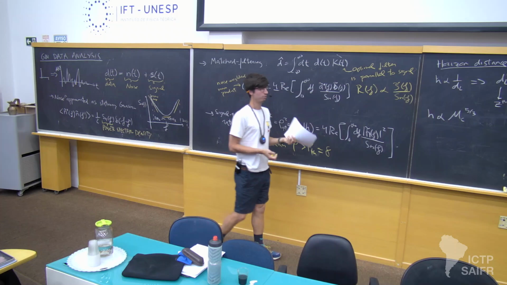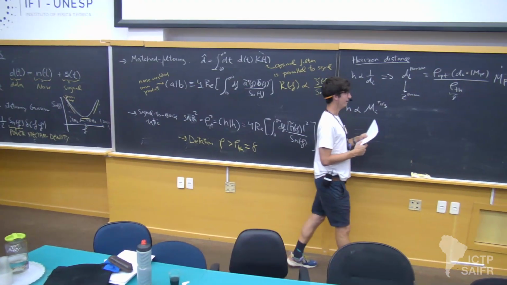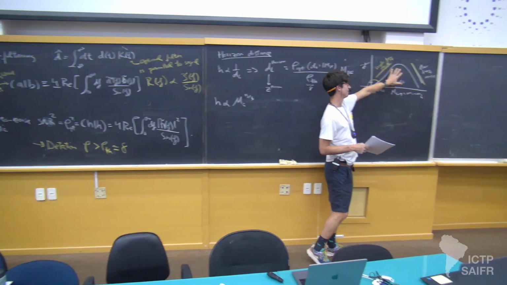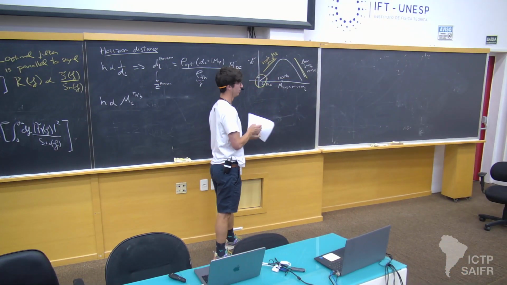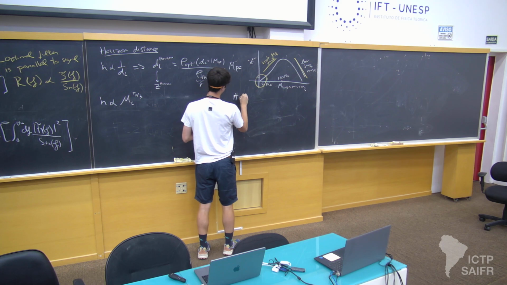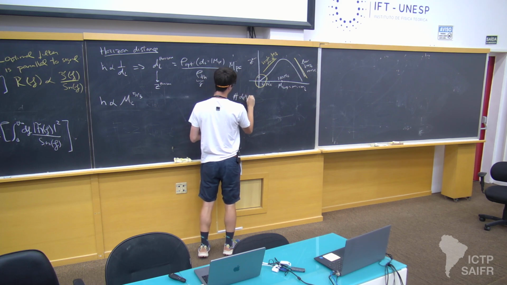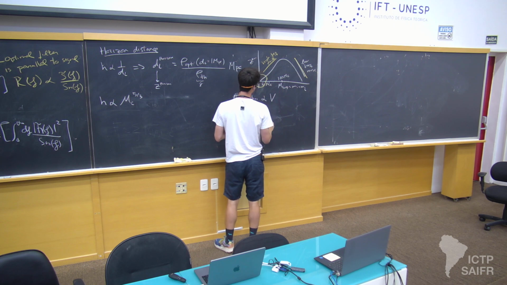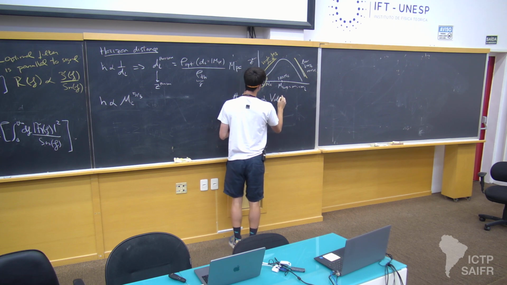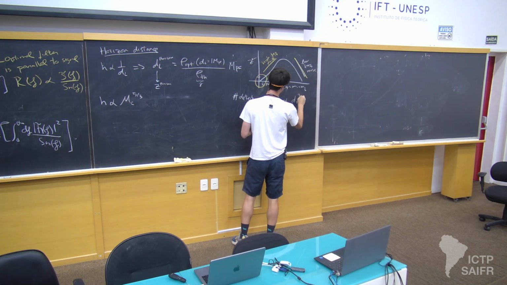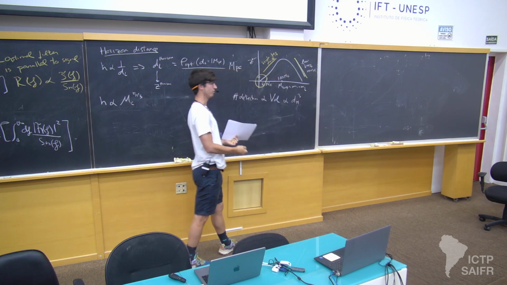That's another reason, by the way, why we are detecting mostly binary black holes, because we can cover much more volume. So the number of detections, roughly speaking, will be proportional to the volume that you see, and this will be proportional, roughly speaking, to the horizon distance cubed.